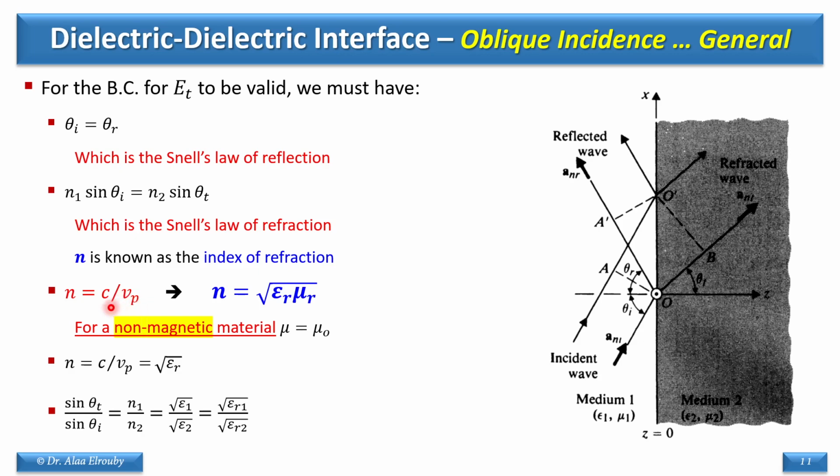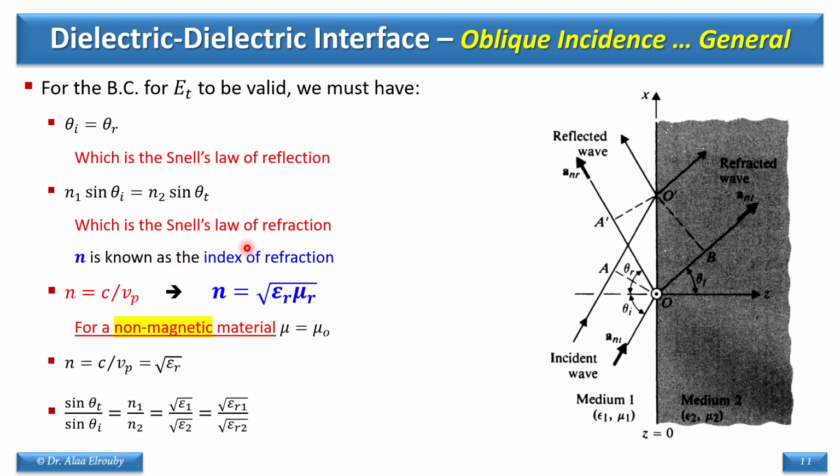The index of refraction equals C divided by the propagation velocity in the media, so the speed of light divided by the propagation velocity, which equals the square root of epsilon relative mu relative. If the media is non-magnetic, mu relative will equal 1, so the index of refraction will equal the square root of epsilon r.